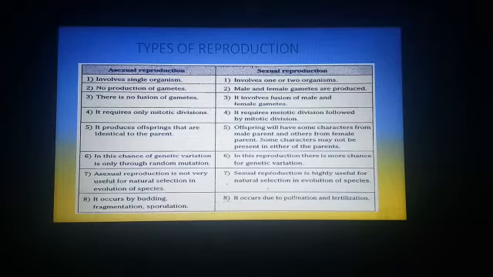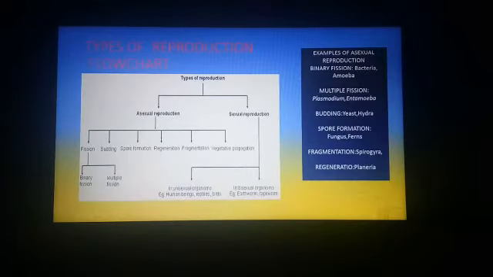As a result, the chromosome number remains constant in the species. So here are some listed differences I have given to you, but if you can find out more, you can include them. Now, let us discuss the asexual mode of reproduction.